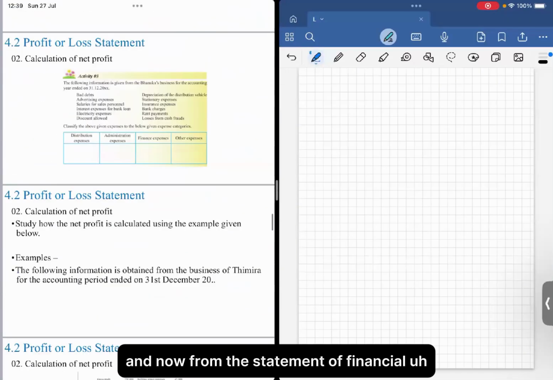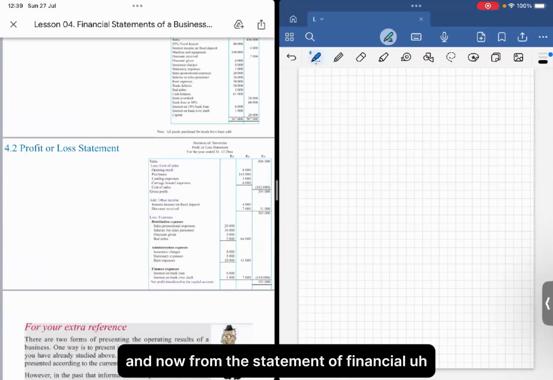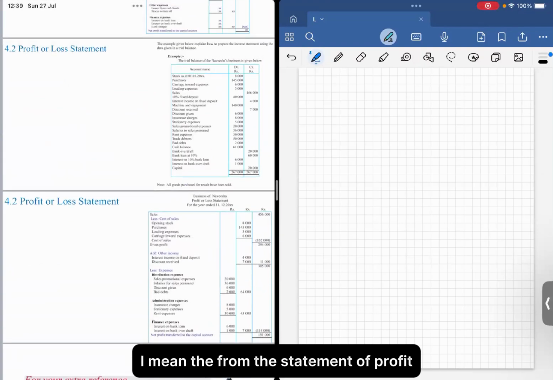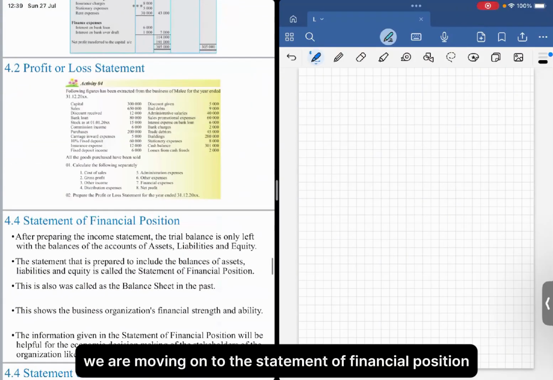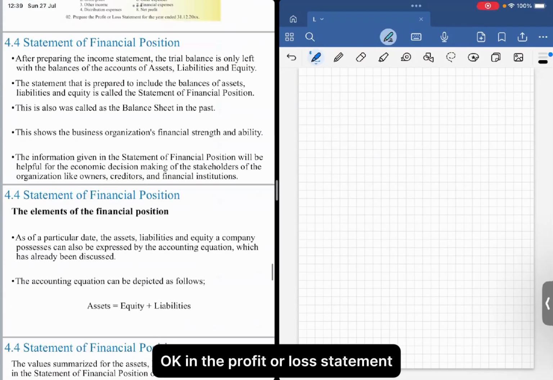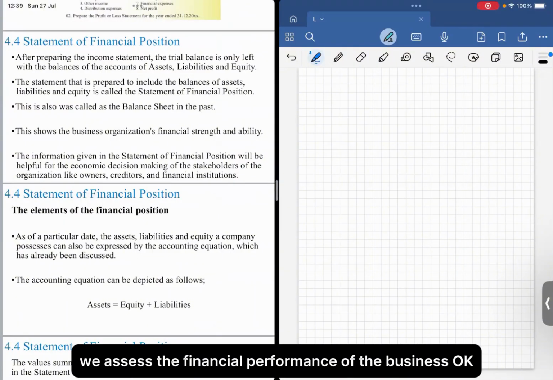And now, from the profit and loss statement, today we are moving on to the statement of financial position. In the profit or loss statement, we assess the financial performance of the business.